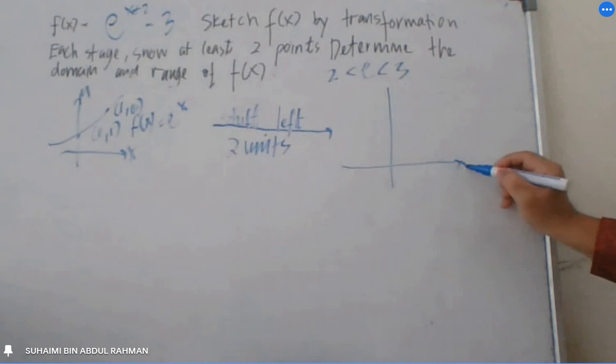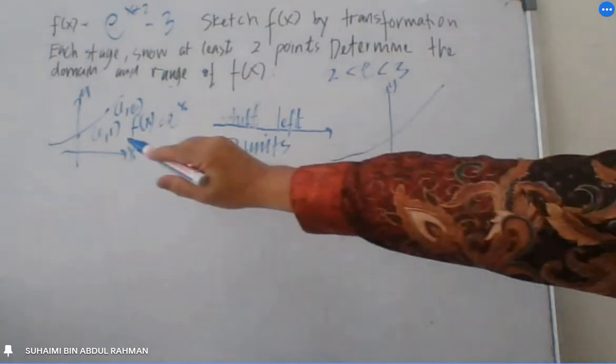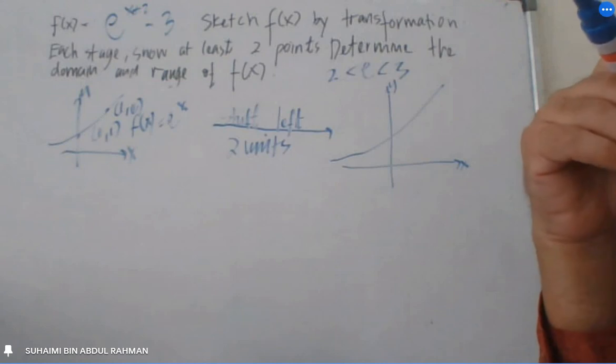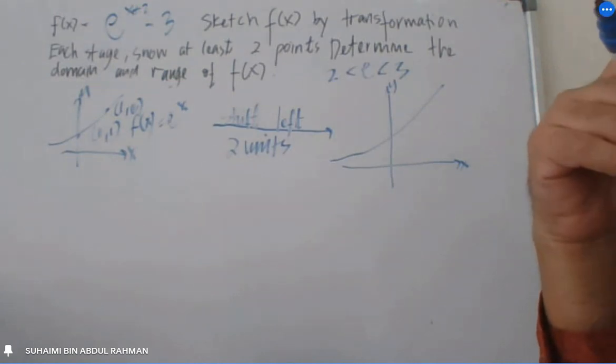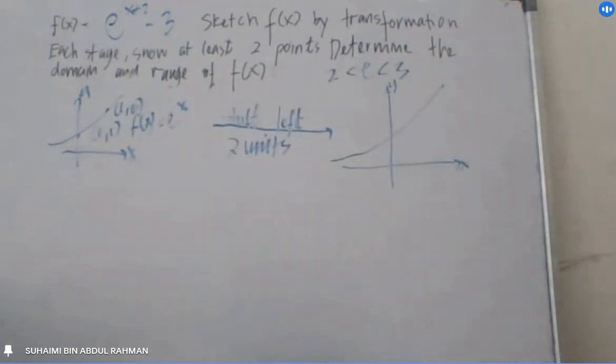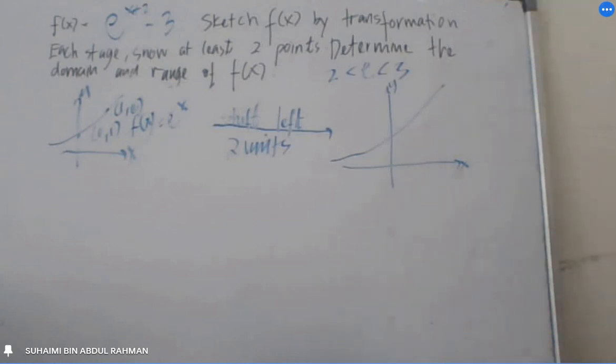So the graph is still crossing here, but the point (0, 1) will go to what point? We want to see the movement of those two points, because the shape is going to be the same shape, but we want to know the points. So point (0, 1) will go to which point?